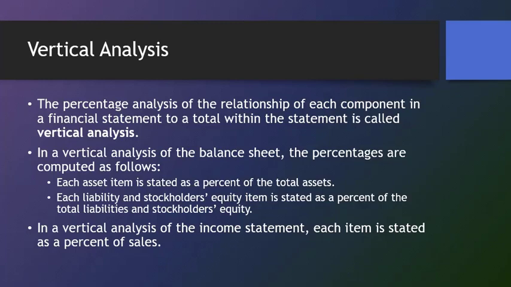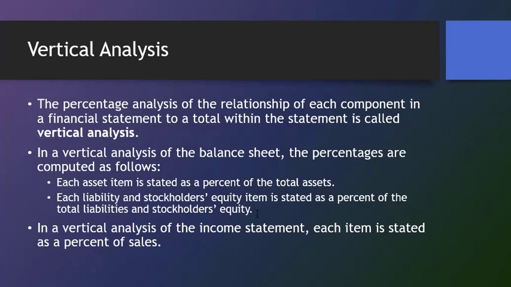Now, as you might imagine, in order to present it as a component percentage, we have to have something on that statement that represents the 100% mark, that represents the whole, all right? On the balance sheet, that base number that we use for everything is total assets, okay? Now, as you'll see here, in theory, each liability and stockholders' equity item is stated as a percentage of total liabilities and stockholders' equity.